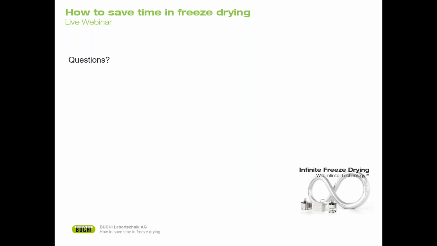So it is not needed to heat the samples with shelves. However, it will decrease the time that the process runs. So it can save you hours in a freeze drying process.